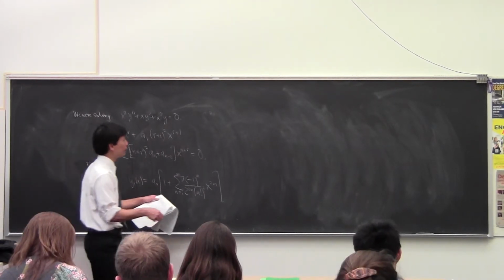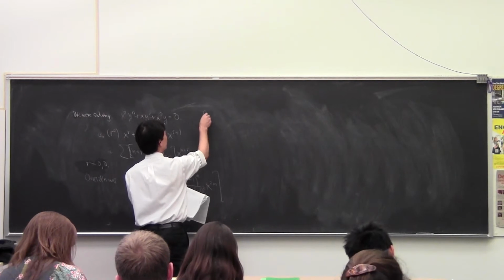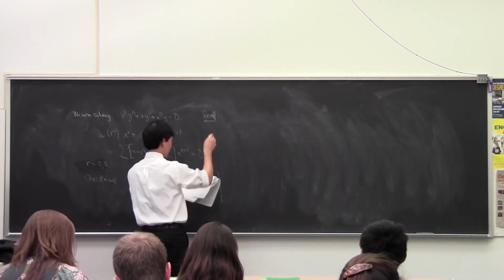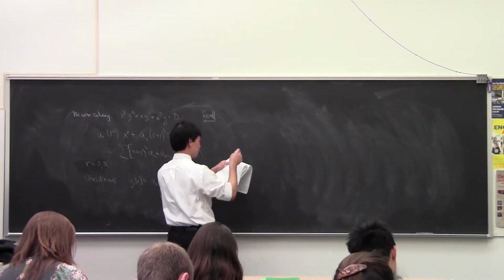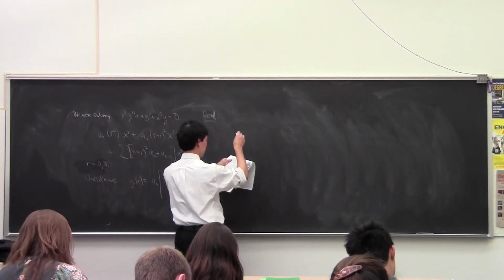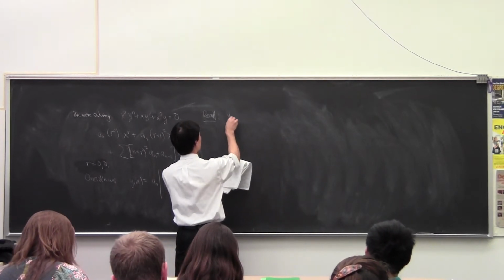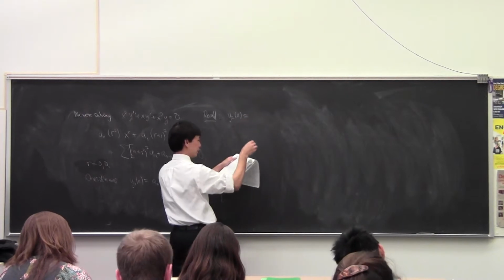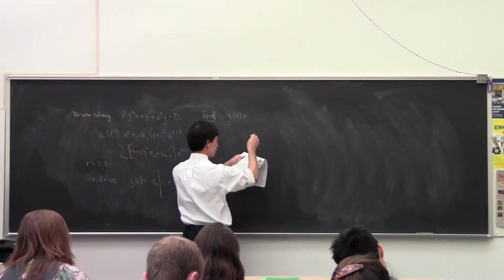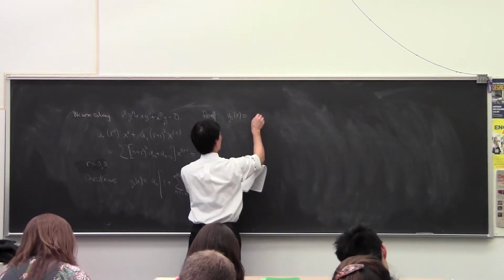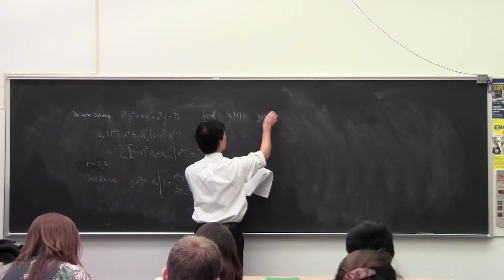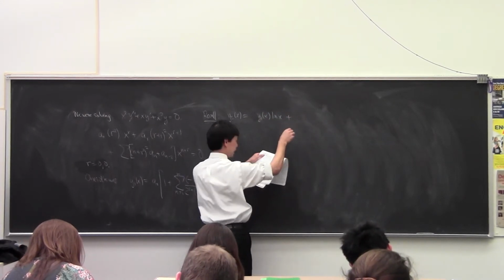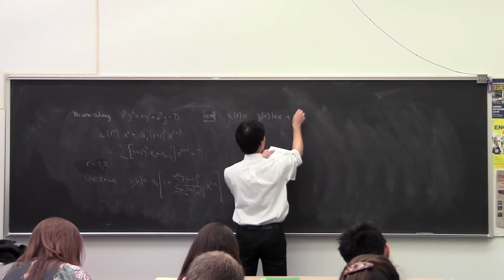So remember, we know what the second solution looks like, right? We worked it out. The second solution is going to be y1 times the natural log of x plus x to the r1.